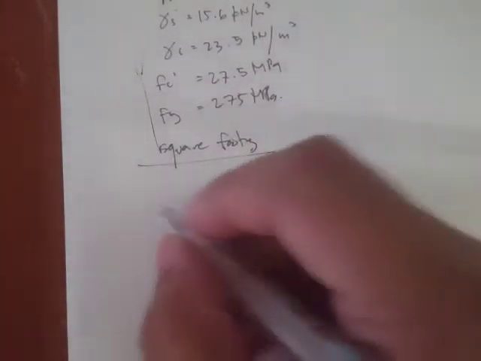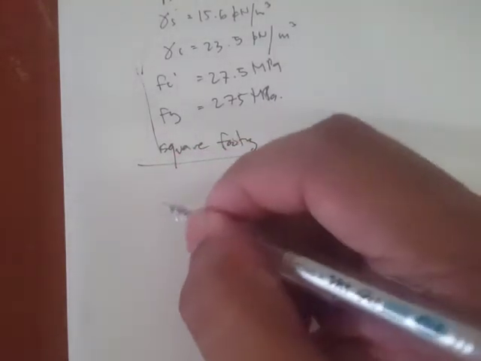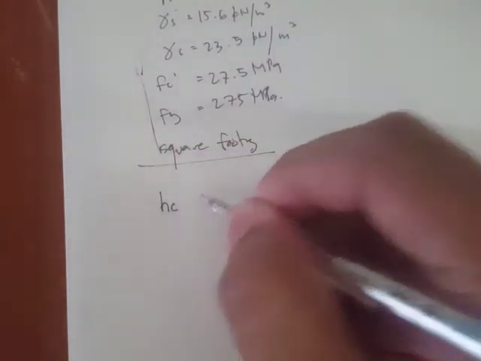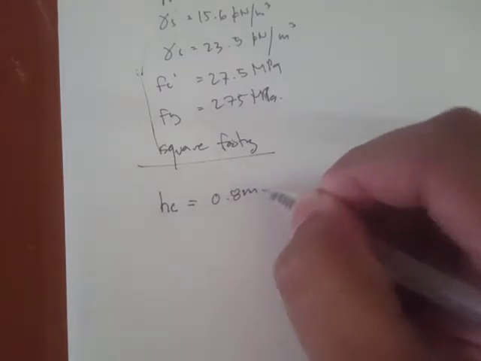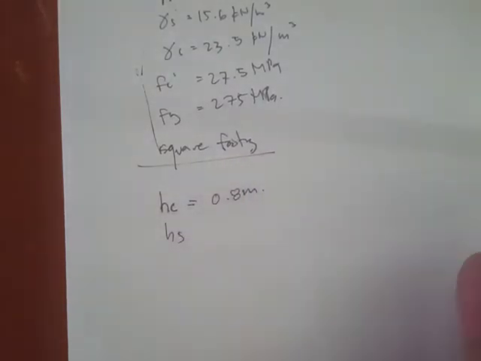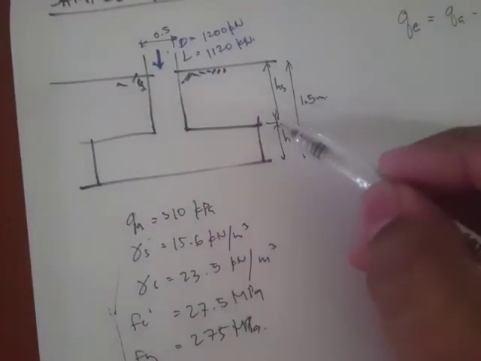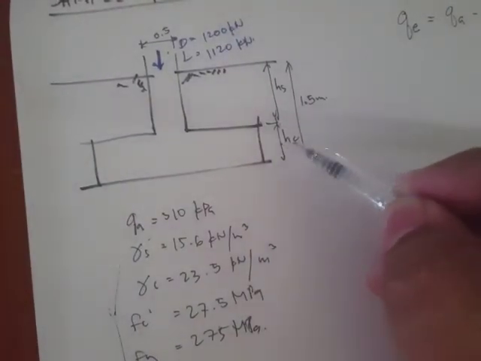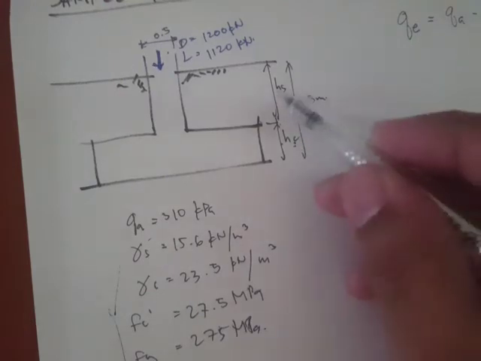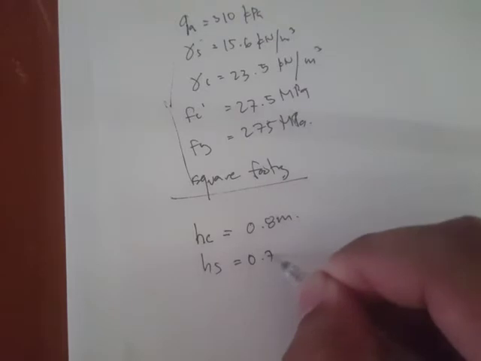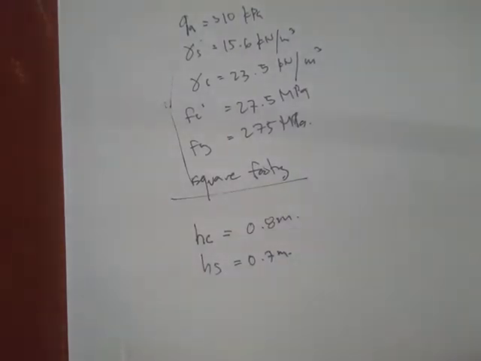Now in the text it says that the assumption is that the height of concrete is equal to 0.8 meters. So, the height of the soil is 1.5 minus 0.8, and what's left is the height of soil, which is 0.7 meters.